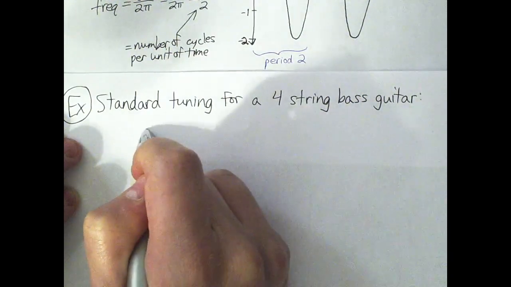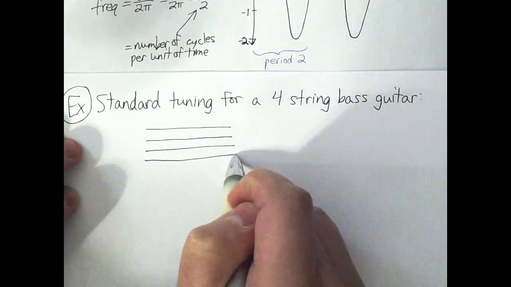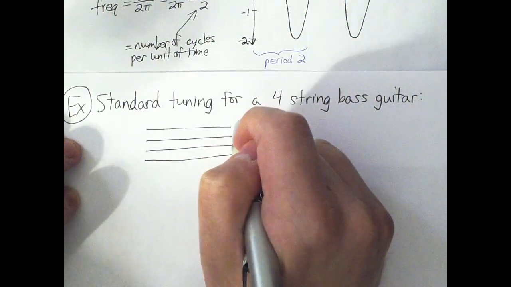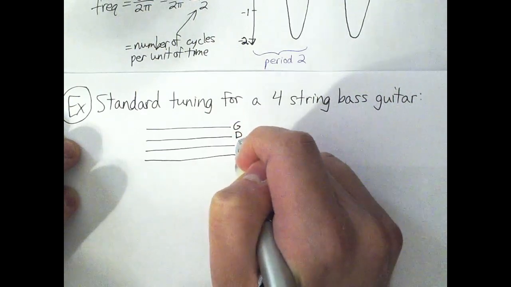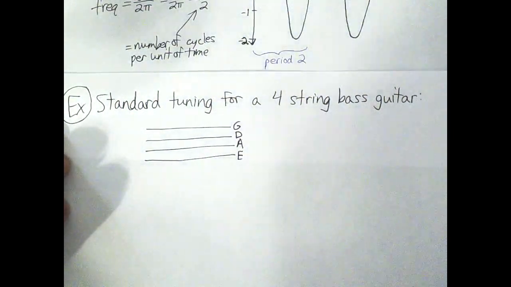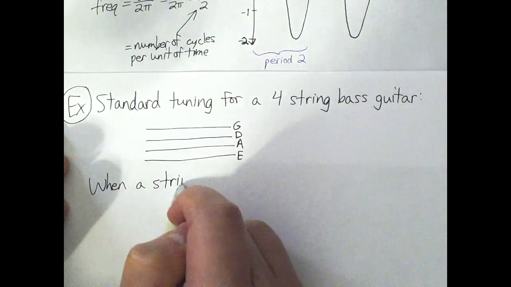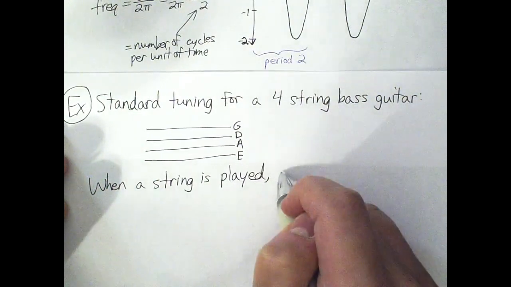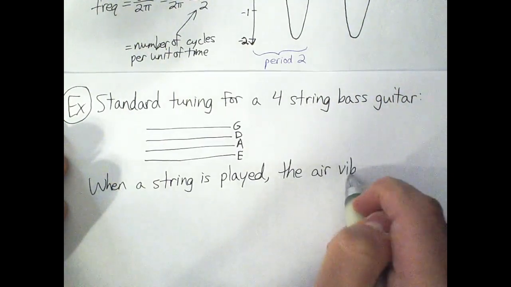I'm not going to quiz you on how to tune a guitar or anything like that, but the notes G, D, A, E are the 4 strings. And when a string is played, the air vibrates.